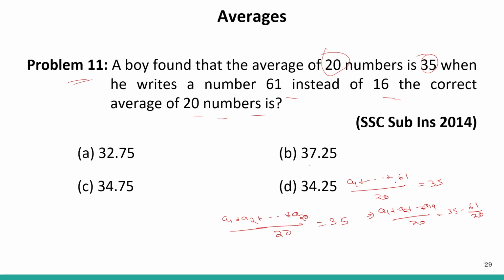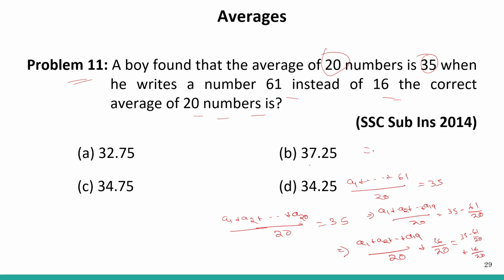Given to us that if 16 was written, that is the correct one, then what would have been the answer? So A1 plus A2 plus dot dot dot plus A19 by 20 plus 16 by 20 is equal to 35 minus 61 by 20 plus 16 by 20.